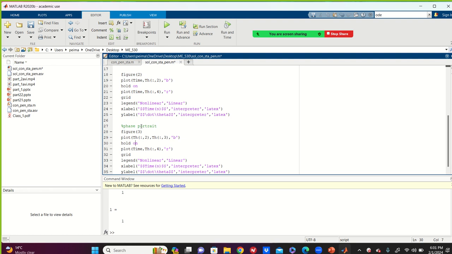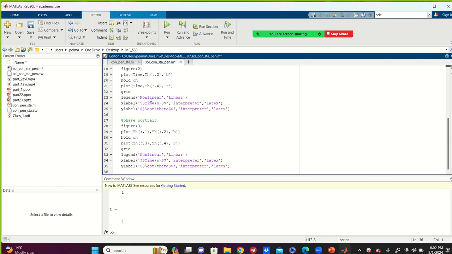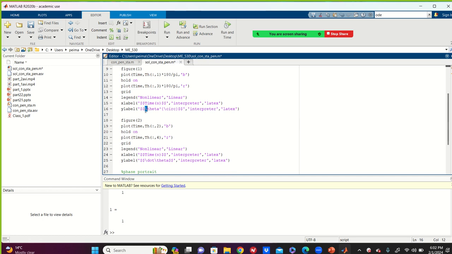So it's going to be 1 and 2 for the first, and 3 and 4 for the linear version. See? There we go. When you hear that, you have to know that you are in the domain of phase portrait. Phase portrait, okay? Here we go.